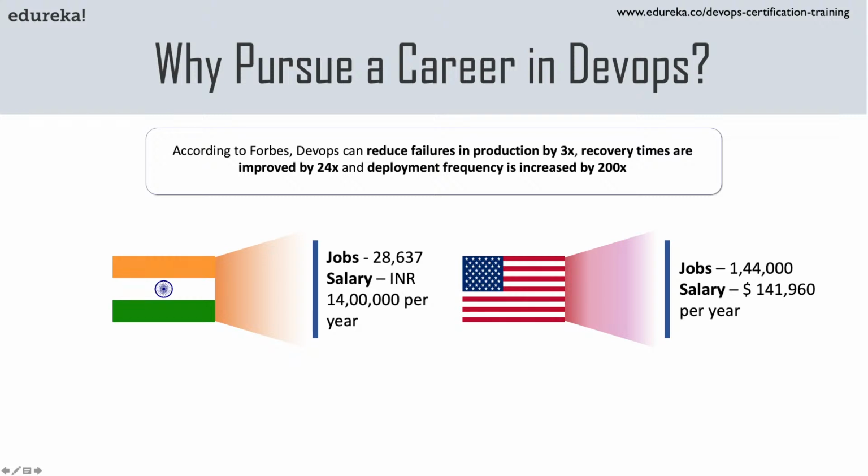Similarly, if you are in the US, there are around 1,44,000 jobs which are vacant right now, which are ready to be filled, and the average salary among all these jobs is $1,41,960 per year.